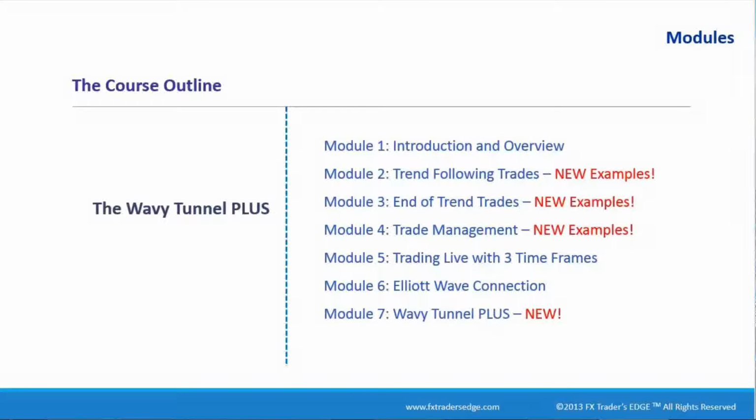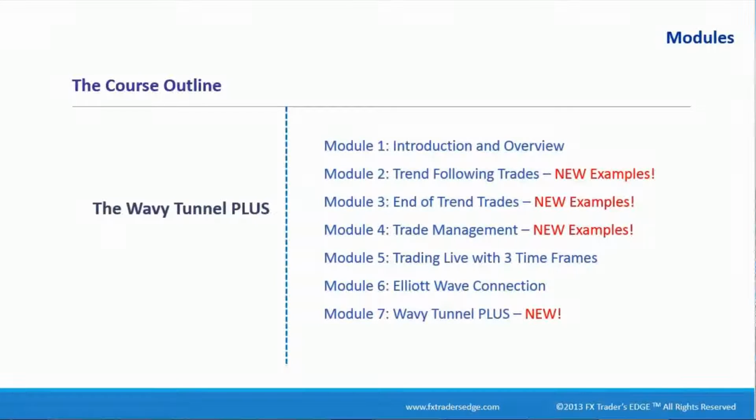In Module 6, we will cover the Elliott Wave connection, where we show the wave counts along with the Wavy Tunnel setup so that you can see how easy it is to spot the patterns without labeling the waves. And Module 7, which is new, includes the bungee semaphores and more on divergence.